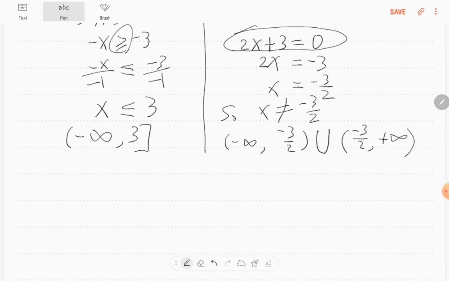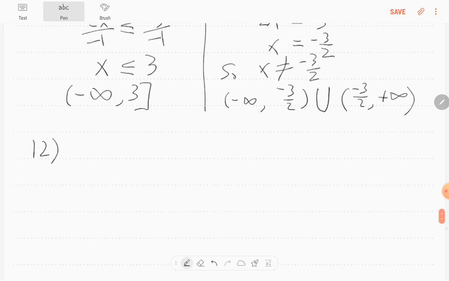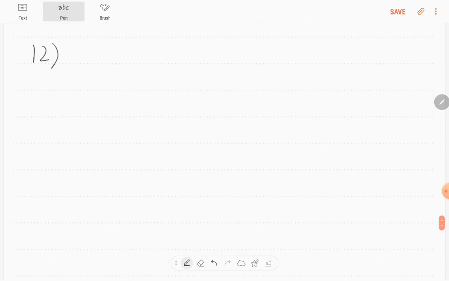Now let's look at the next one, number 12. Our f of x equals 5x squared plus 2x. We want to find f of t plus 1.